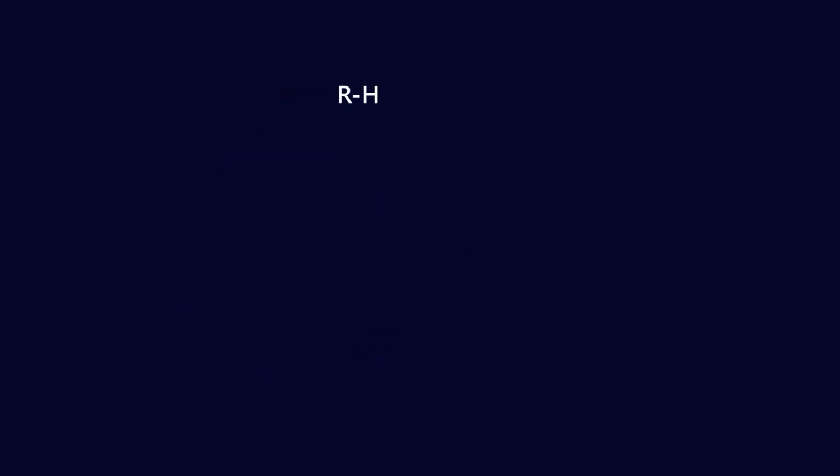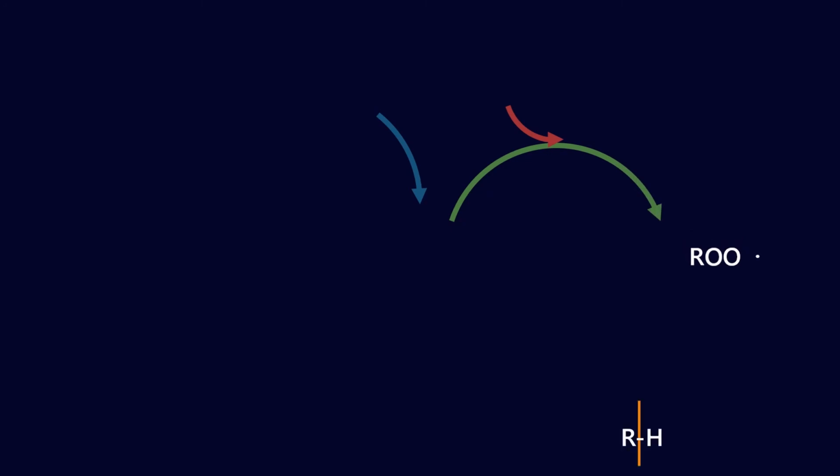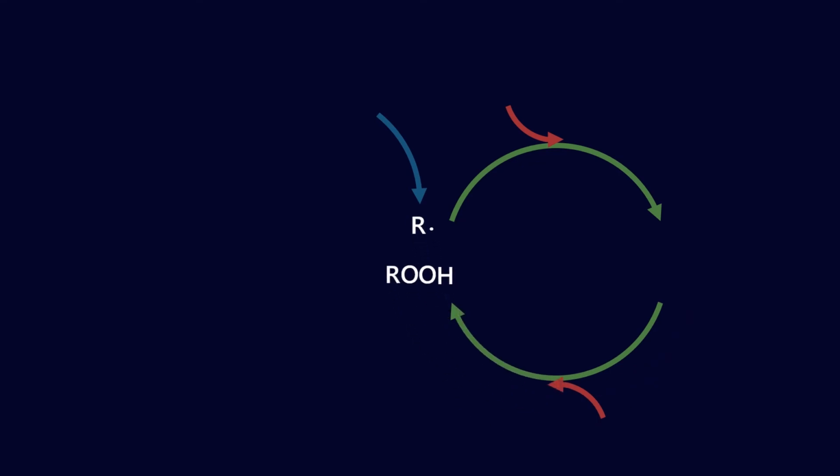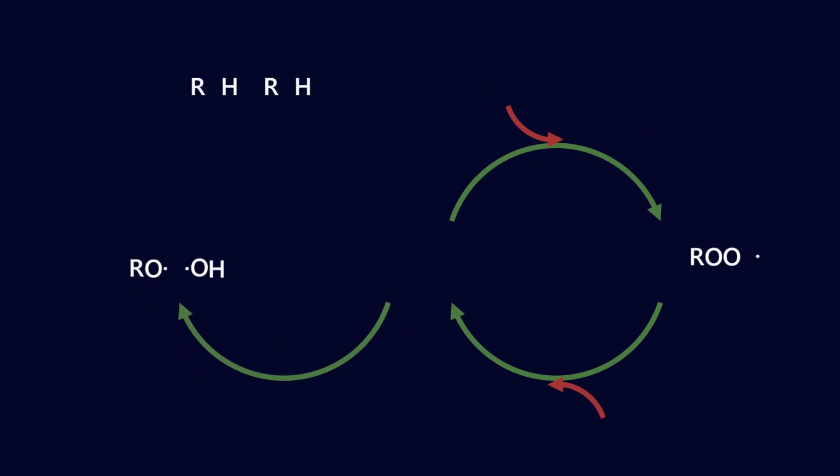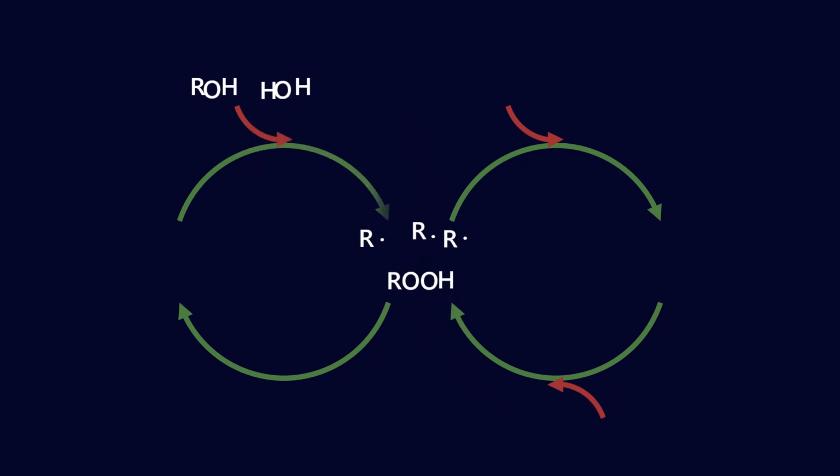Alright, so now let's put that all together and see how this auto-oxidation cycle kind of feeds on itself. We're going to start with breaking that alkyl group. It goes away, we form a radical, that radical reacts with oxygen, it forms another radical, which then reacts with an alkyl group, forms a hydroperoxide and a radical, and then we get both loops going at the same time.